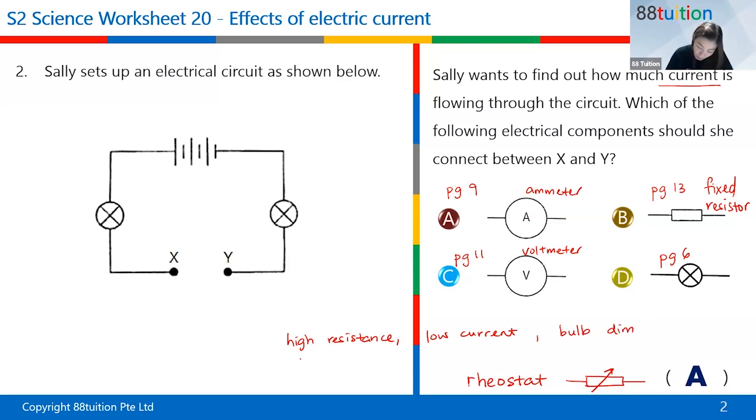So the bulb will be dim. Then if it is low resistance, higher current will be flowing through the circuit and the bulb will be very, very bright. Yeah, so maybe you want to jot down something like this. For the rheostat, this is how it works. Adjusting the tap, you can increase resistance or decrease the resistance and that alters the current flowing.